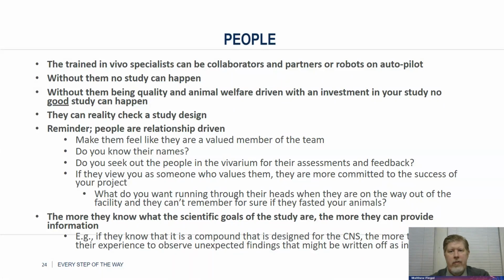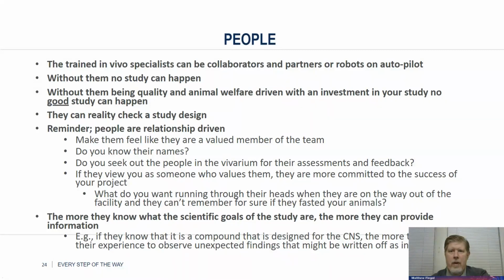You want them to feel valued, because here's my litmus test. Technician leaves for the day and they're driving home and it's raining and they just want to go home and have dinner. And they suddenly have that moment of, did I remember to fast the animals? Did I prep the test material?